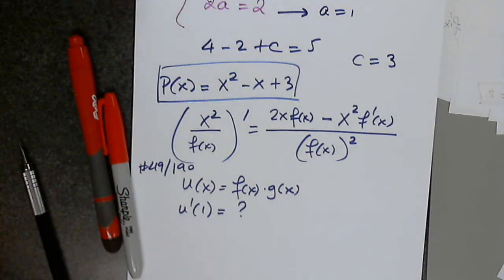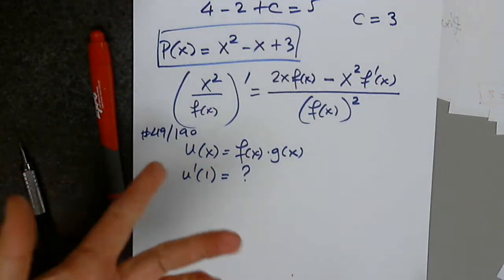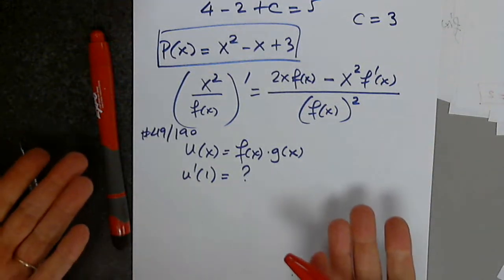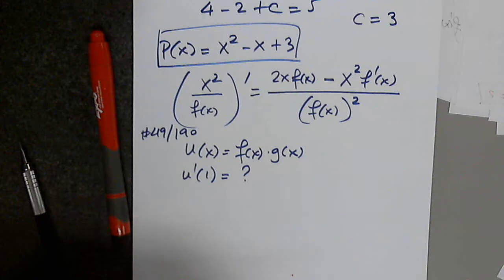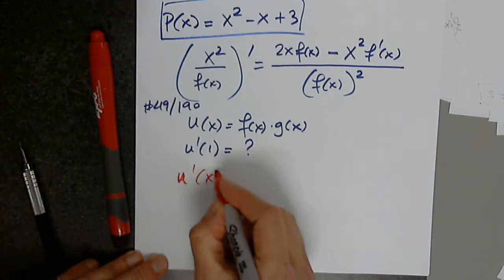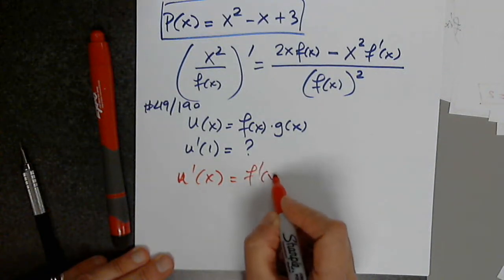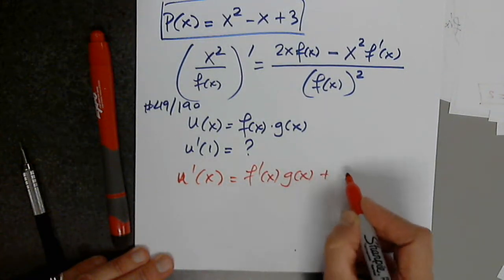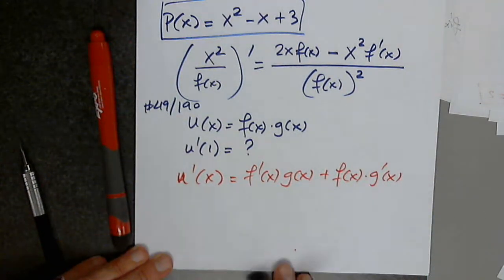What do I have to determine first? Exactly. I cannot plug in 1 if I don't have u prime of x. So, can anyone dictate u prime of x? Yes, g prime of x times f of x is good enough.